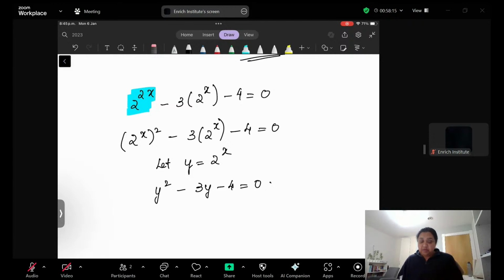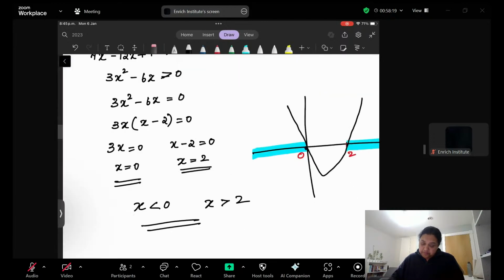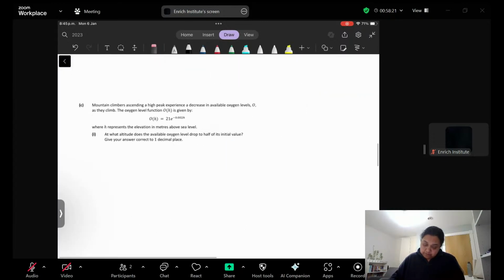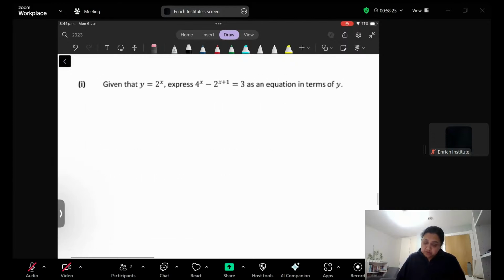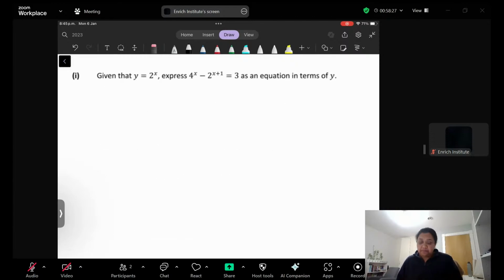Okay. Let me quickly show you an exam question. I think I have it here. Okay, perfect. So see this exam question. Given that y is equal to 2 to the power of x, express 4 to the power of x minus 2 to the power of x plus 1 is equal to 3.